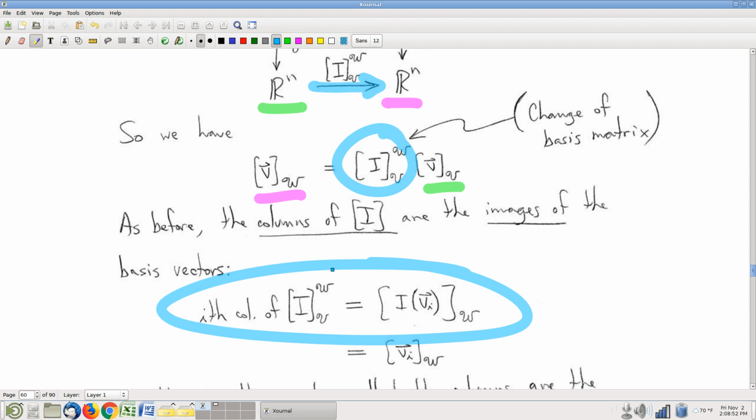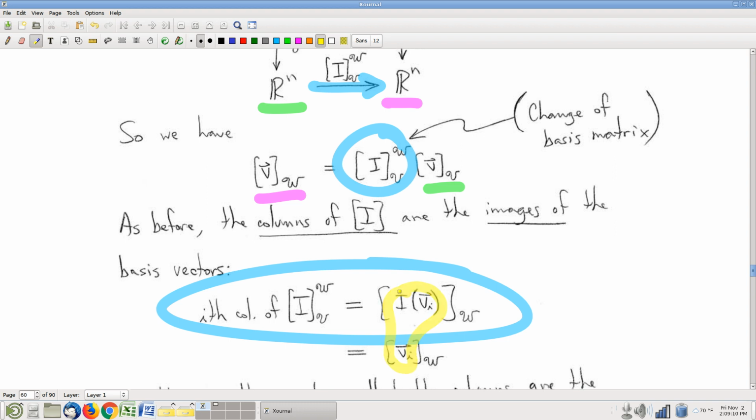We know the formula. And the formula for such a matrix is this. This is a copy from several pages back. We talked about this on Monday. Take the input basis vectors, do the linear transformation to the input basis vectors, write your results in the language of the W basis. Don't forget, this linear transformation does absolutely nothing.